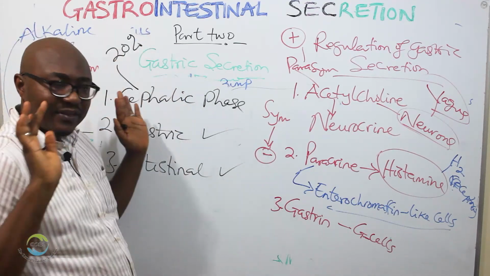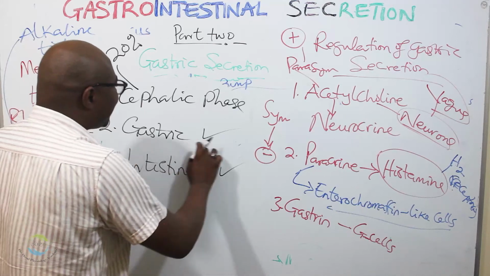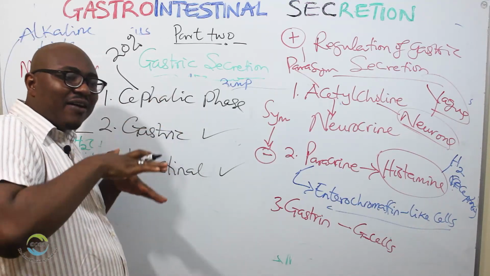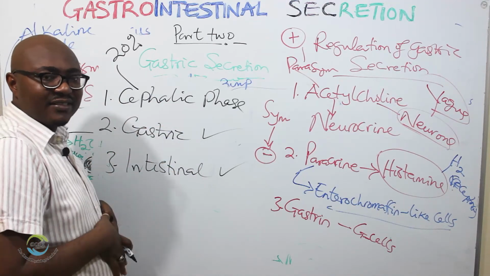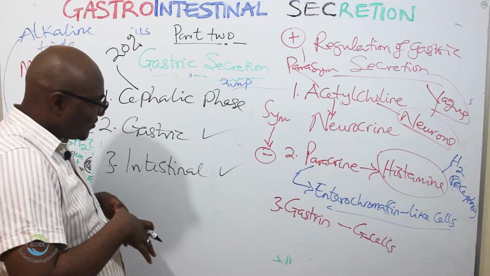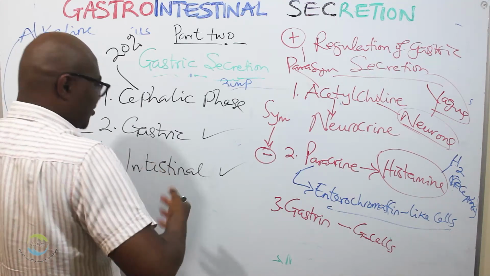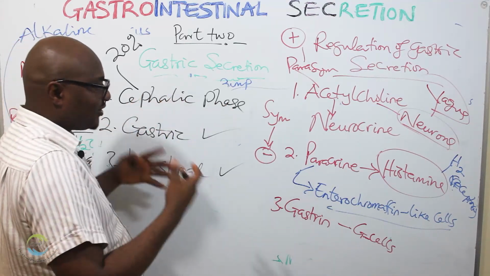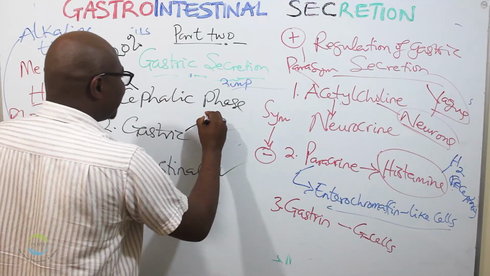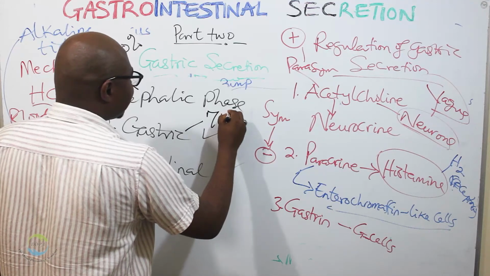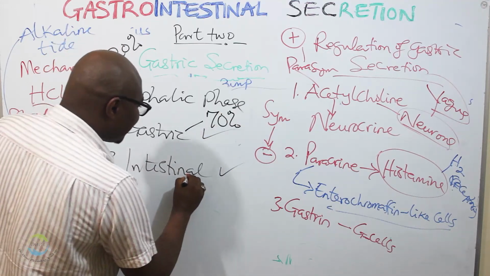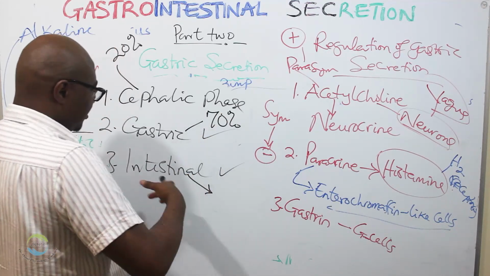So the gastric phase is talking about when the food now arrives in the stomach. Because we're talking of gastric secretion, it contributes the most, 70%. And this intestinal phase is talking about when the food is in the intestine.